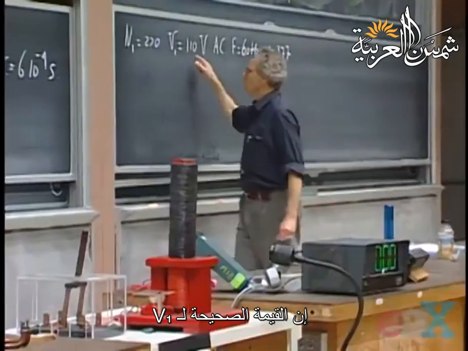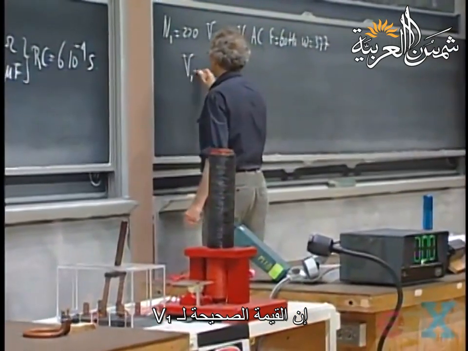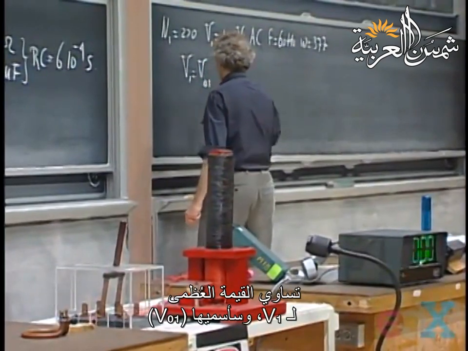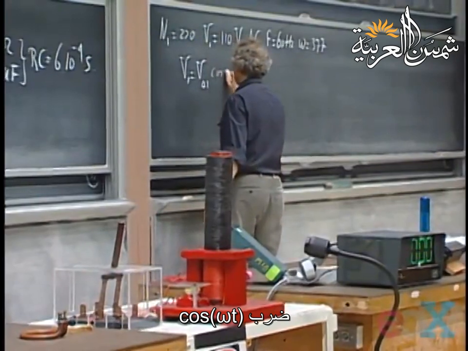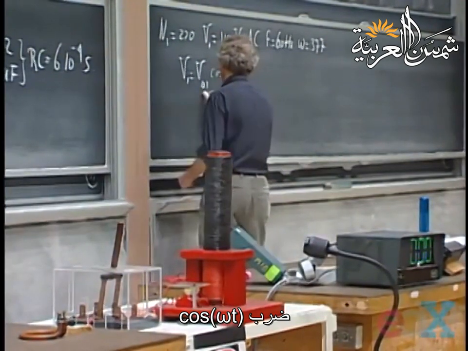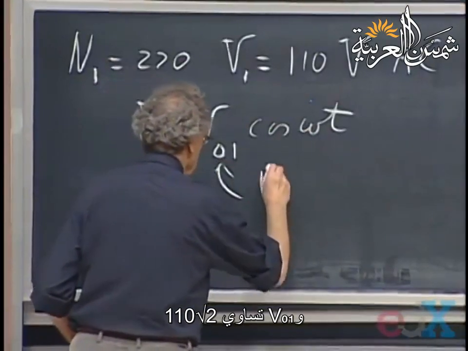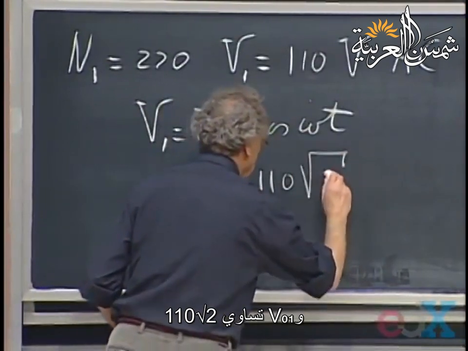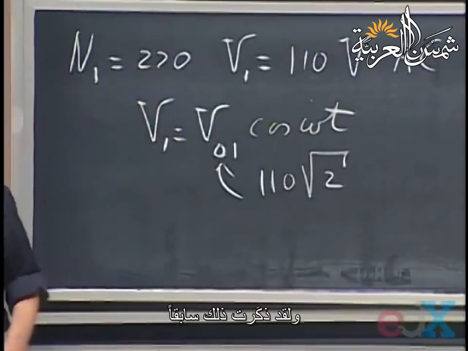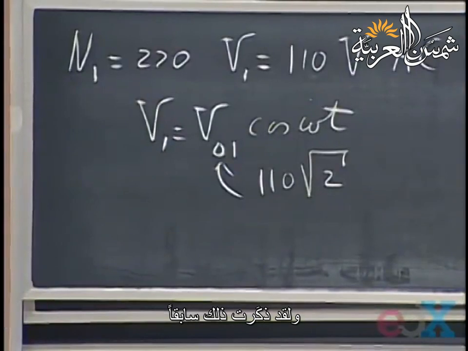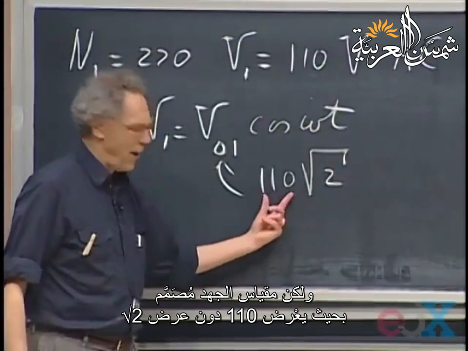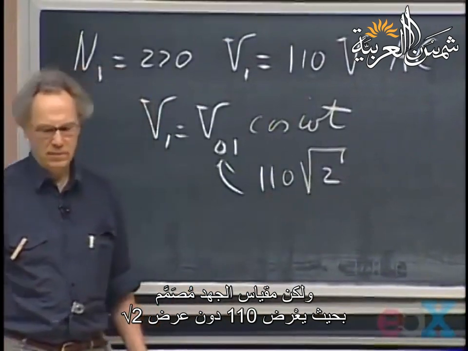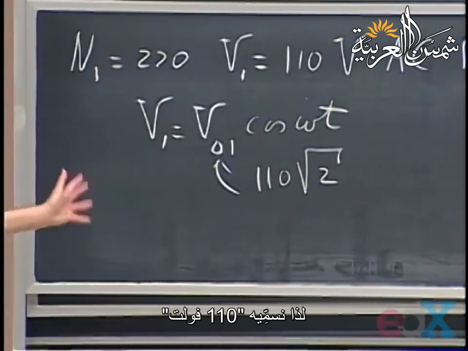If I give you really the correct value for V1, it's really the maximum value for V1 times the cosine of omega t, and this value is really 110 times the square root of 2. I've mentioned that earlier in my lectures. The voltmeters, however, are designed in such a way that they only show you 110. And so we call that 110 volts.